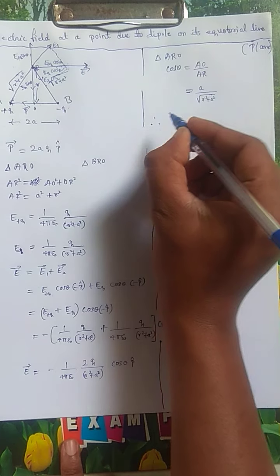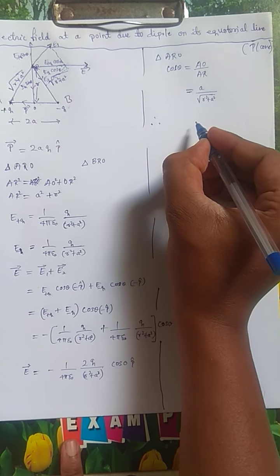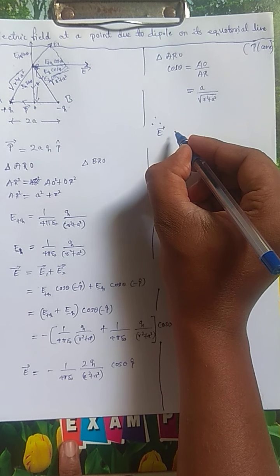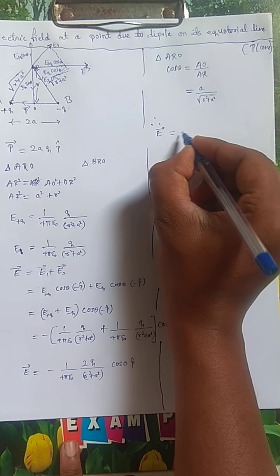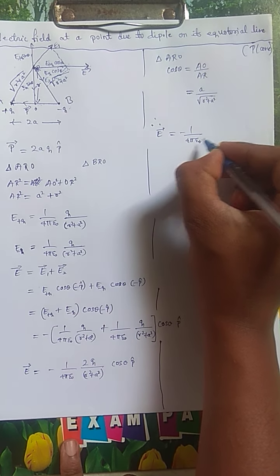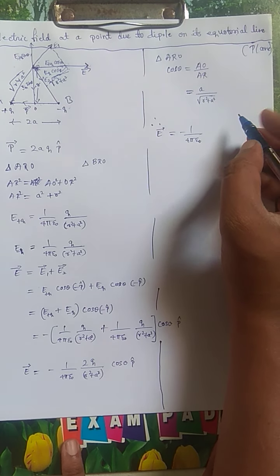Therefore, because already you know the electric dipole moment, E bar equals to, we'll substitute the values, that's it, minus 1 divided by 4 pi epsilon naught. This minus sign comes because direction is opposite to the electric field and to the electric dipole moment.